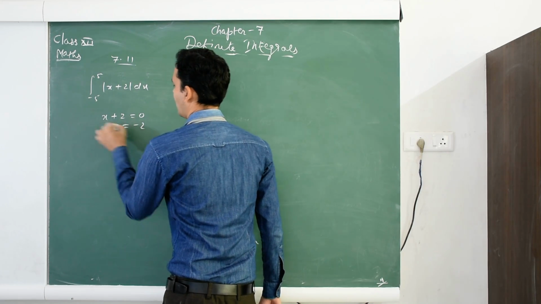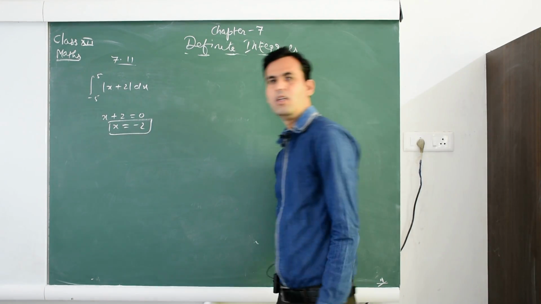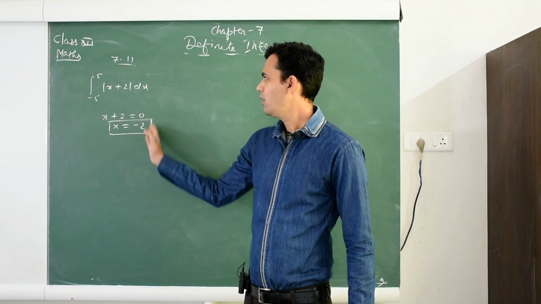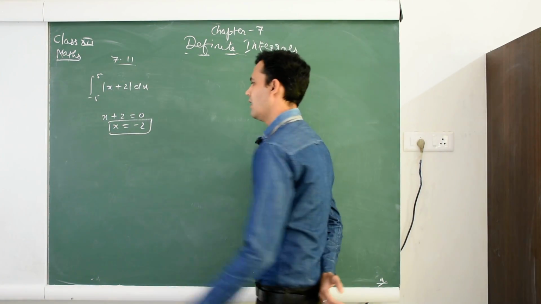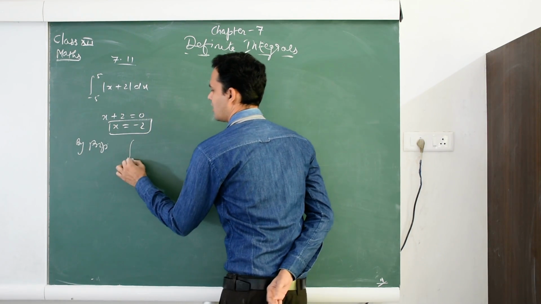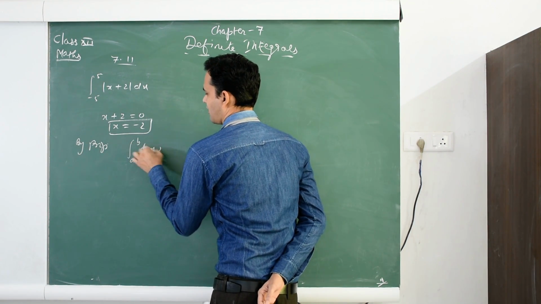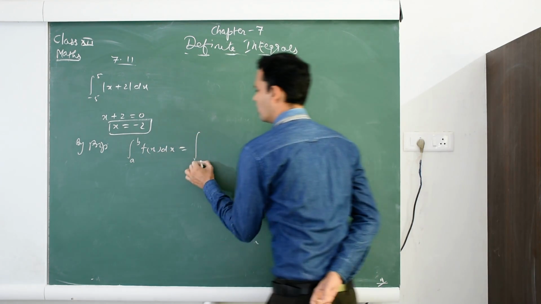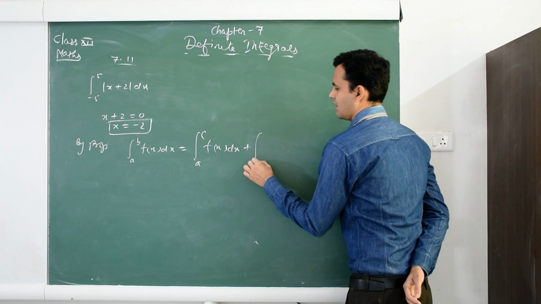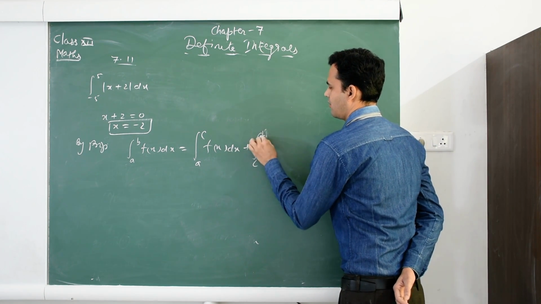So, we get the value of x as minus 2. So, we split this limit into minus 5 to minus 2 and minus 2 to 5 by using the property: integral a to b f(x) dx equals integral a to c f(x) dx plus integral c to b f(x) dx.